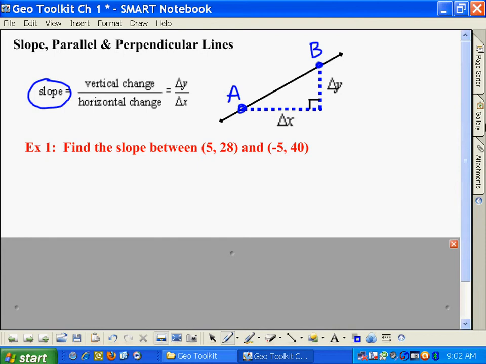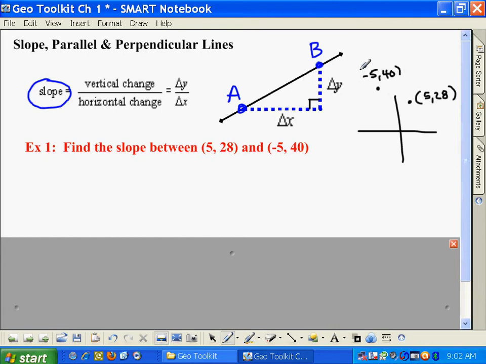Now if we were just drawing a sketch, I'm just going to go ahead and draw a sketch right over here. 5 comma 28 would be somewhere, say over here, so I'm going to write 5 comma 28, and negative 5 comma 40, that would be negative 5 in this direction, and comma 40 might be up over here somewhere.